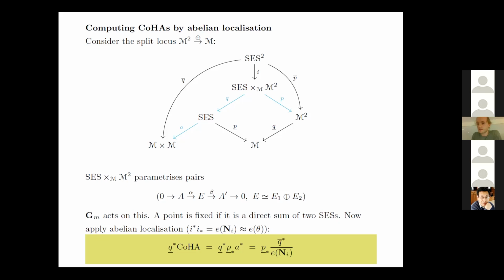But you say something about abelian localization. Is there a reference so we can read? So I do write something about this in my paper. There's also a paper I'm writing with Adil Khan, which I think is coming out soon, which might have a good exposition of this.